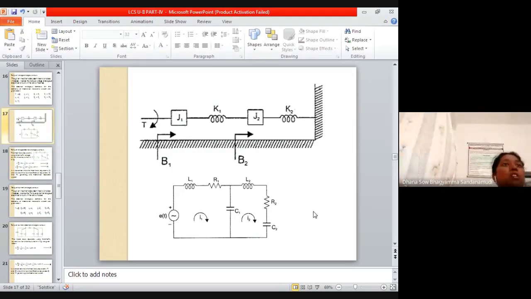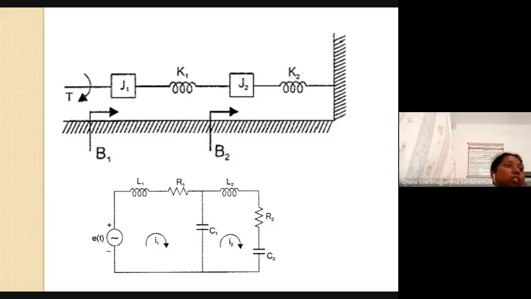So here torque is analogous to voltage. So I will draw this source voltage. Next, what is there? J1. J1 is analogous to inductor, so J1 is analogous to L1.